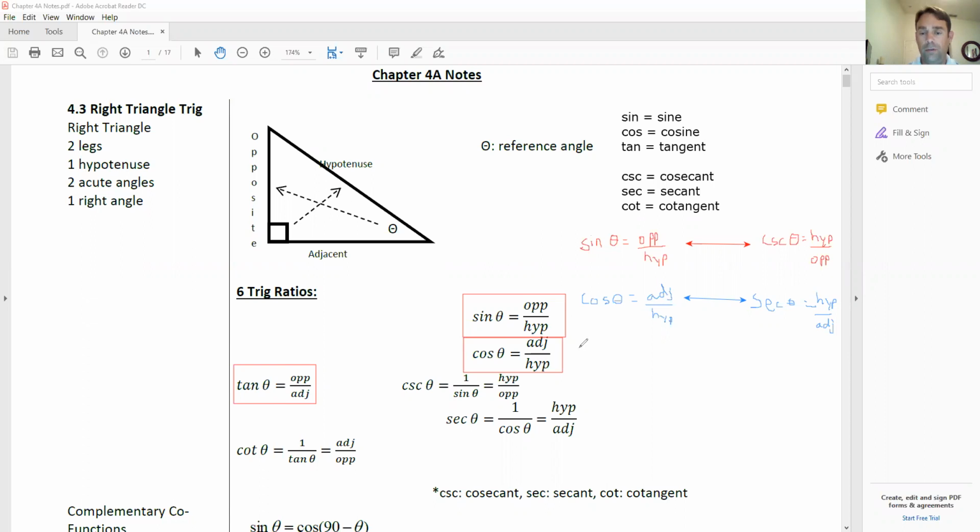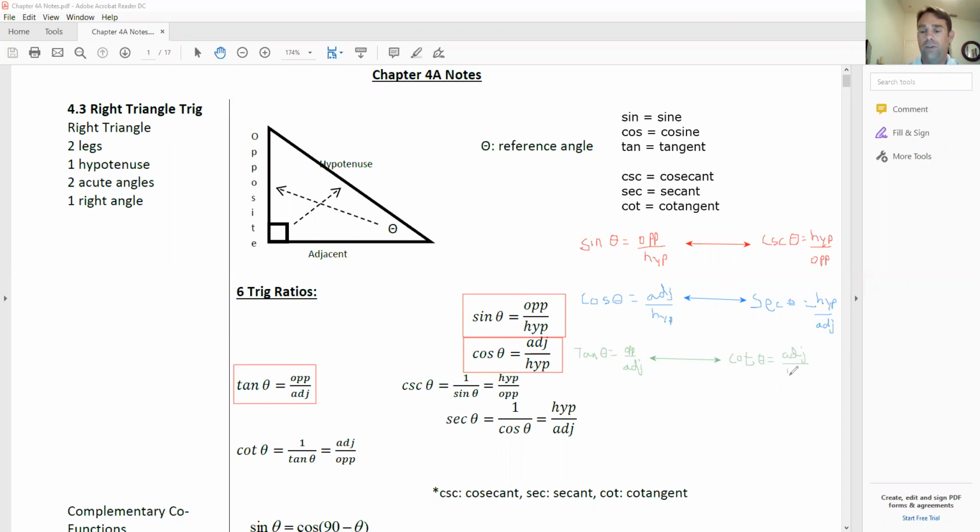And then tangent of theta is opposite over adjacent, and its reciprocal function is cotangent. That one actually makes sense. Tangent and cotangent seem like they should go together. So COT would be adjacent over opposite.